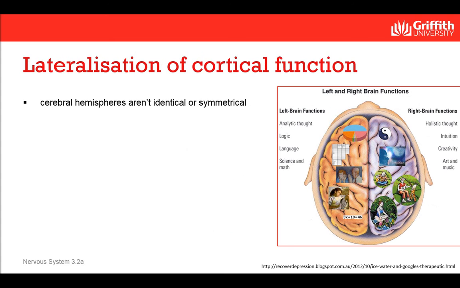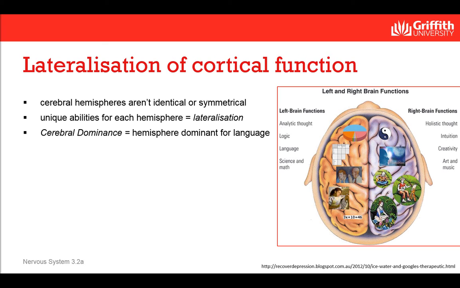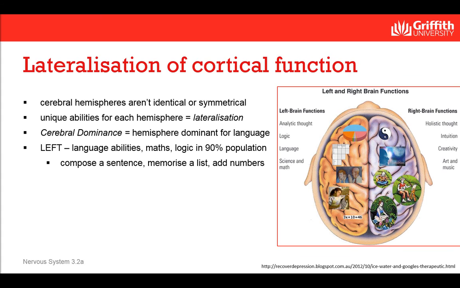The cerebral hemispheres aren't identical or exactly symmetrical. There are unique abilities known to each hemisphere, which we term lateralisation. The term cerebral dominance actually designates the hemisphere that is dominant for language.